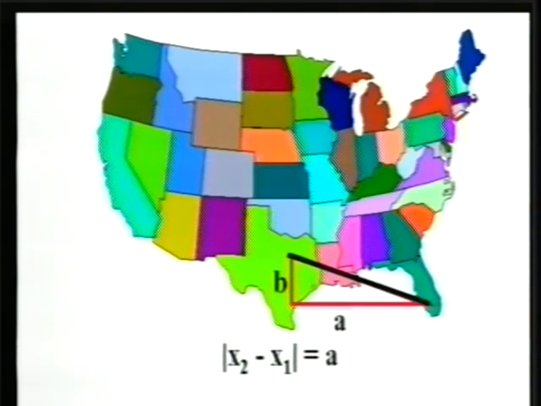Then we'd find the distance from Dallas to Houston. Since that line is parallel to the y-axis, we would have the absolute value of y2 minus y1 equaling that line.